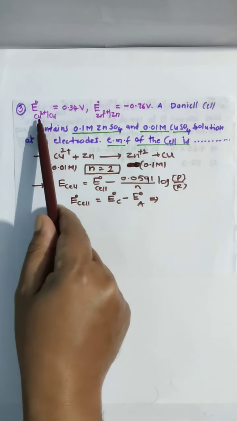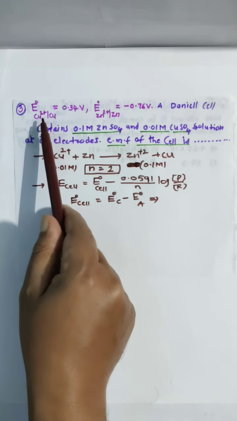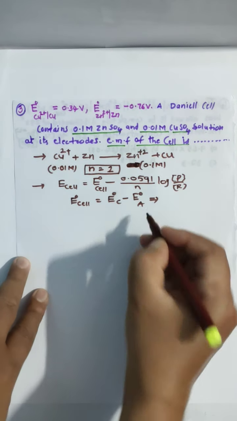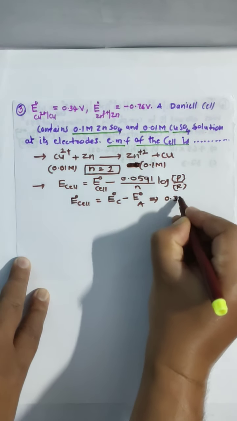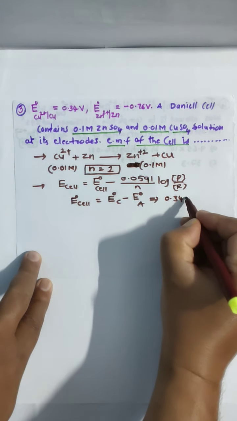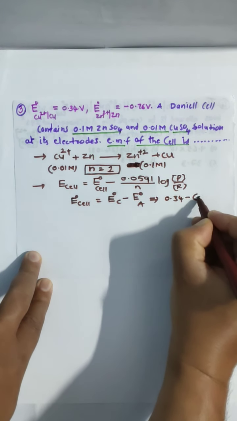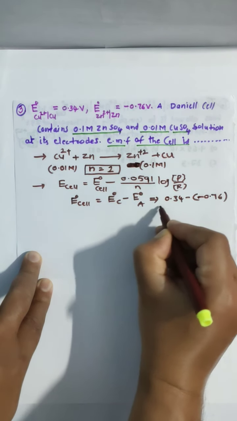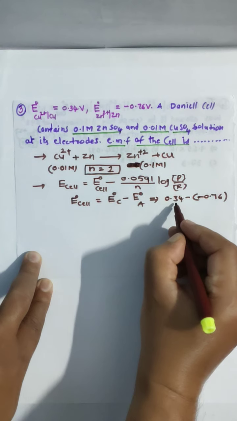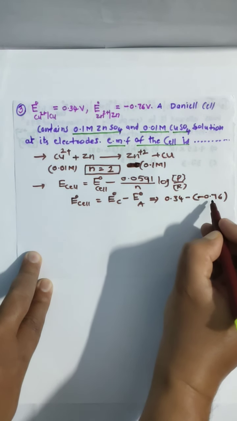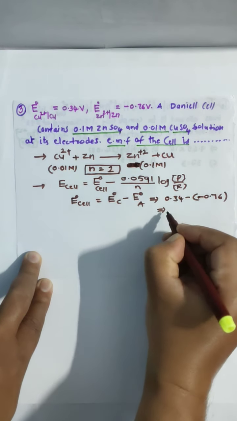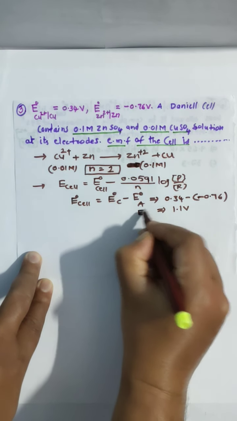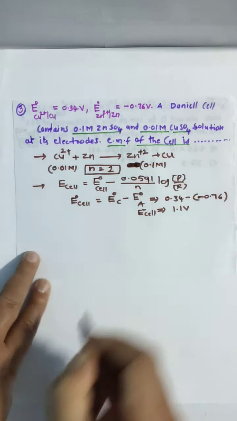This is copper; copper gains electrons. So you have to substitute the values: 0.34 minus of minus 0.76. This is the cathode and this is the anode. That implies how much you are getting? 1.1 volt. So E naught cell we calculated.